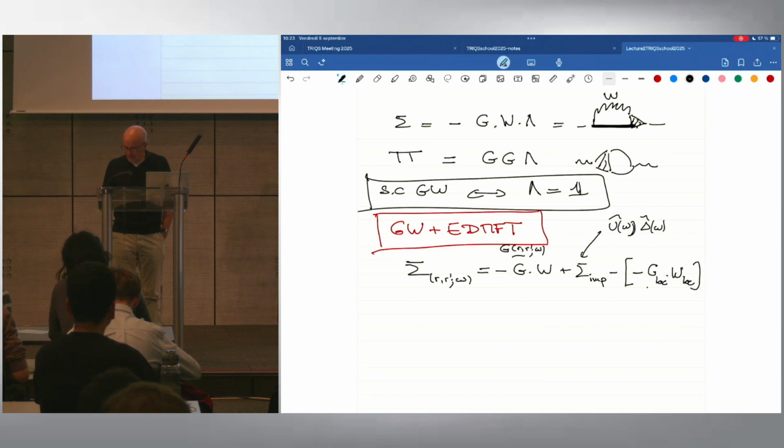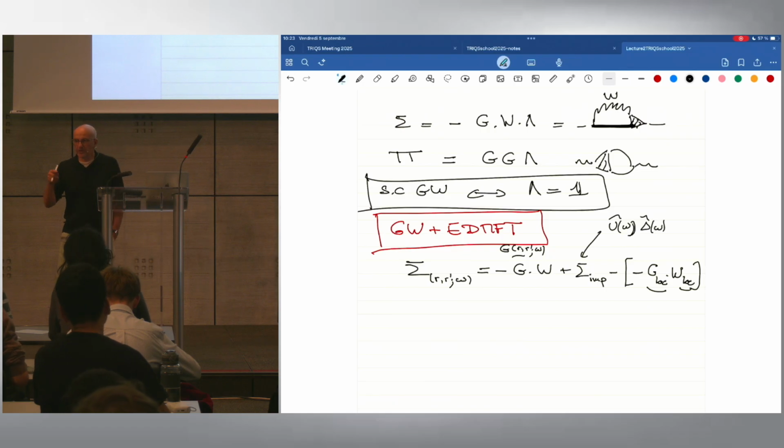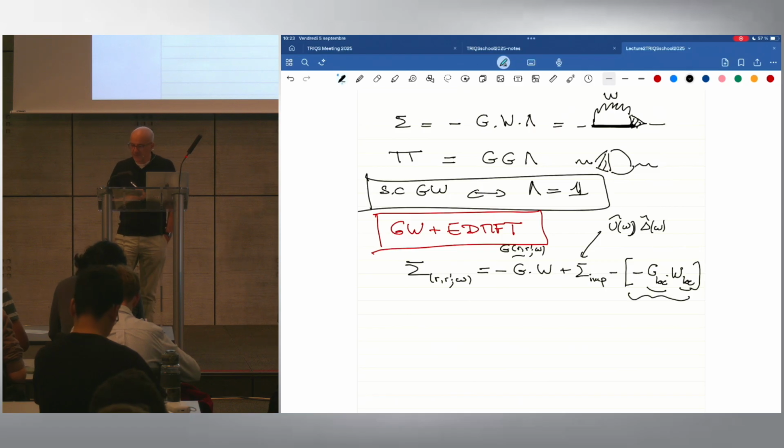Again, these are colloquial notations for the projection of G on the correlated subspace and the projection of W on the correlated subspace. Right? So this is the GW plus EDMFT vision of double counting. We can call this minus sigma double counting if you want. But now we know exactly what it is.